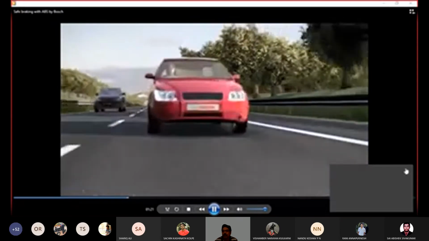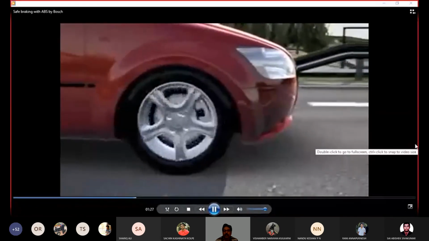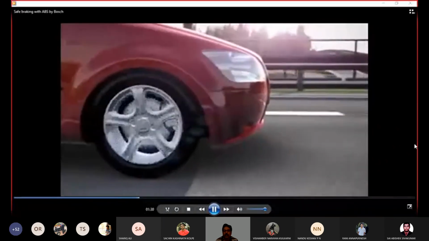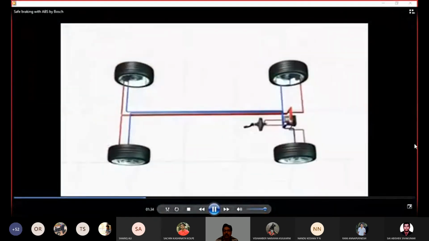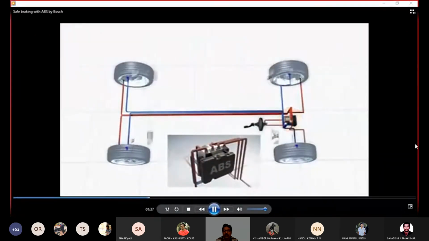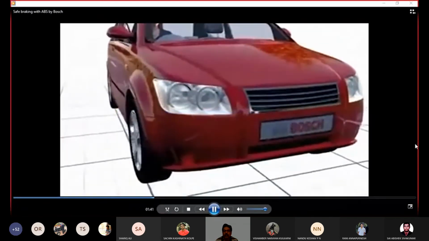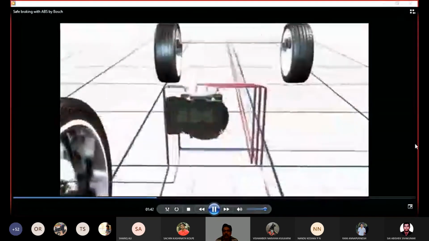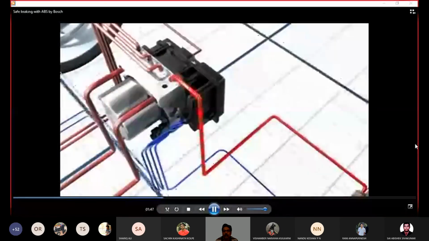ABS, the anti-lock braking system from Bosch, prevents locking of the wheels. ABS ensures that the vehicle remains steerable and stable while fully applying the brakes. The ABS control unit also continuously monitors all wheels by means of wheel speed sensors. Should the system recognize that a wheel is locked, ABS immediately intervenes and systematically regulates braking pressure.